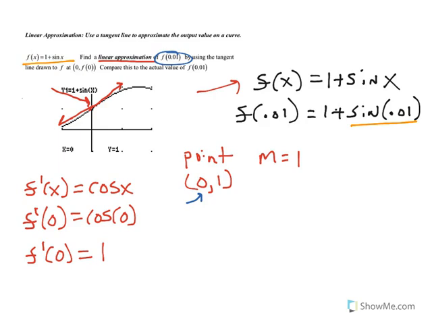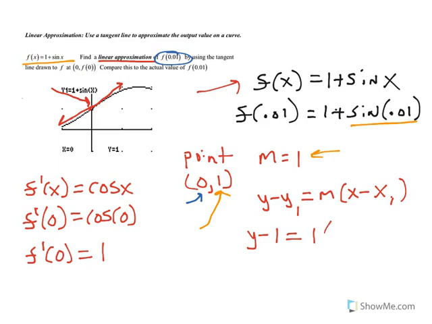Now we can create the equation for our tangent line. If we use point-slope form, y minus y1 equals m times (x minus x1), and put in the known information: y minus the known y value, which is 1, equals the slope, which we found to be 1, times (x minus the known x value, which is 0).